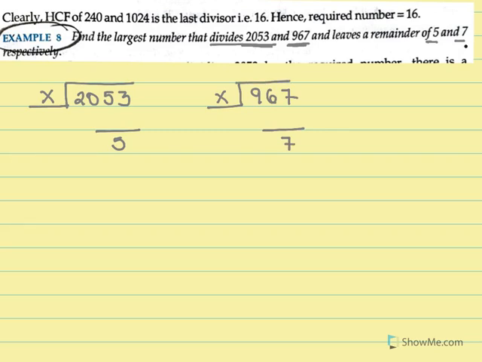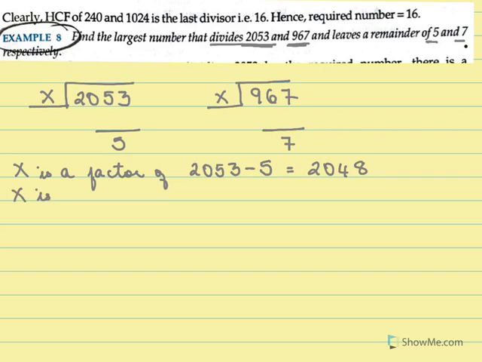So we see that x is not a factor of 2053, but x is a factor of 2053 minus 5. So that would be 2048.